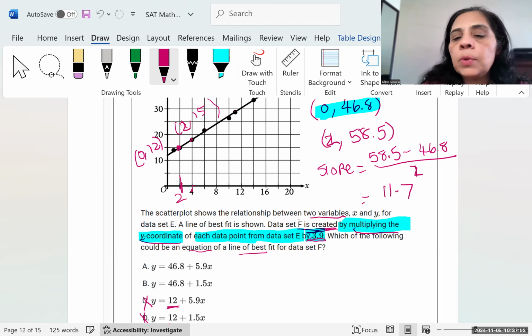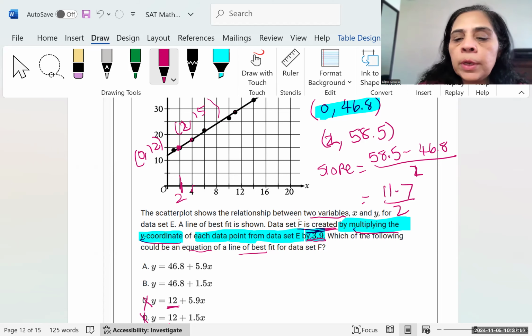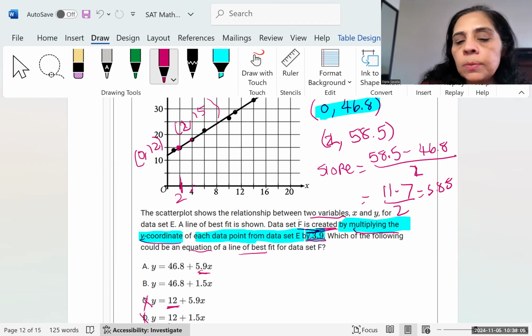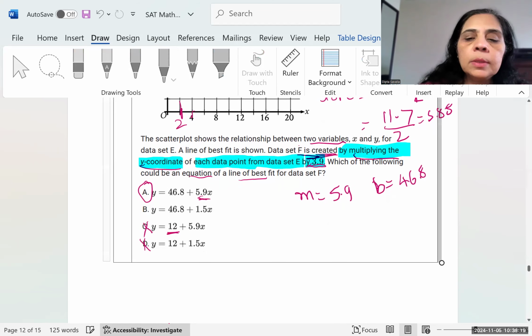So we divide by 2 here. It will be 5.85. And we have here 5.9, right? So we can round it up. So slope m equals 5.9, and y-intercept is 46.8. So we have answer choice A. You can write the equation like this. Okay.